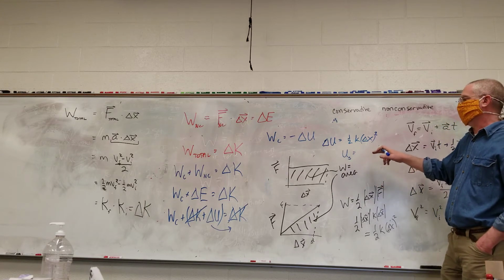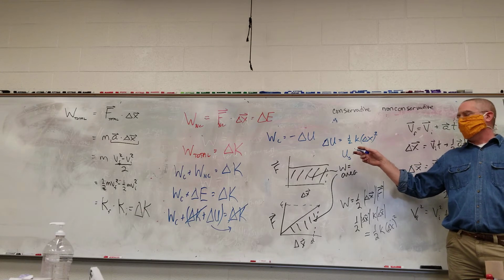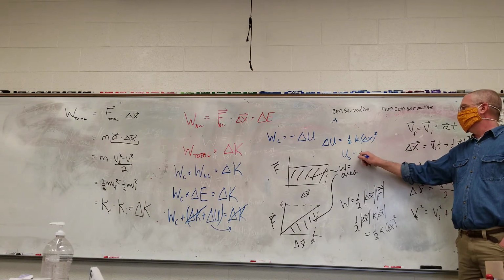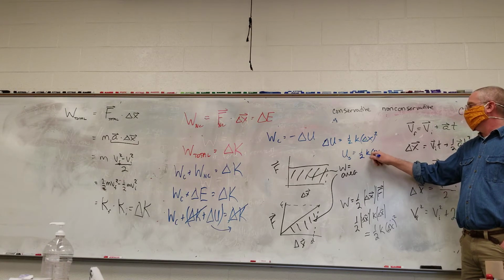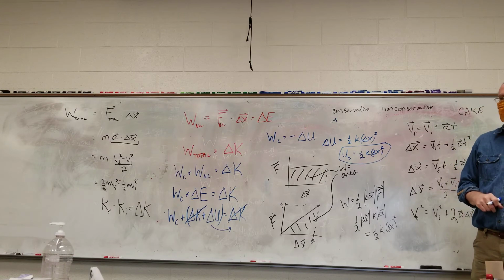I tend to use S for this, even though it's really an elastic potential energy from an elastic source, because I reserve E for electric. So we have a potential energy formula dealing with the spring.